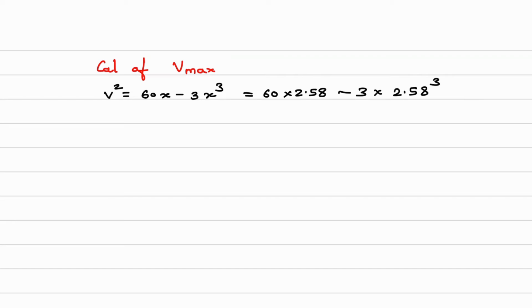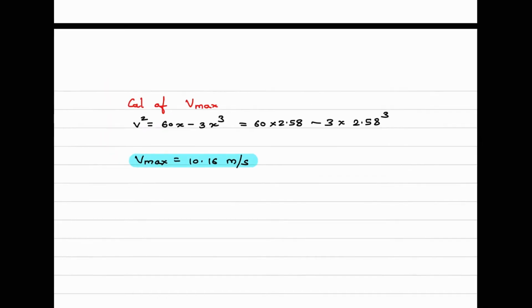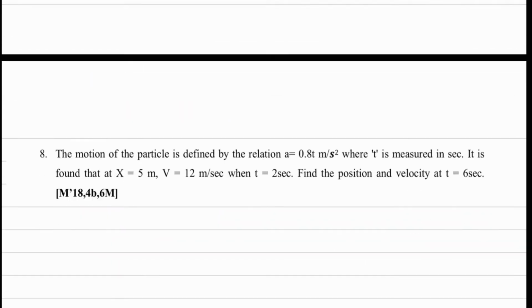So take under root of this, you will get Vmax equal to 10.16 meter per second. So even though this has not been asked, we have calculated just to demonstrate how we can calculate the velocity. Now we'll move on to the next question.